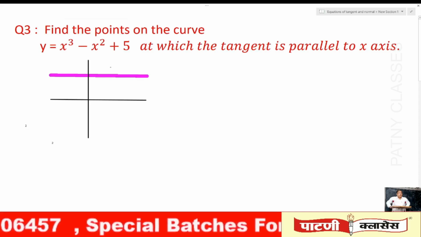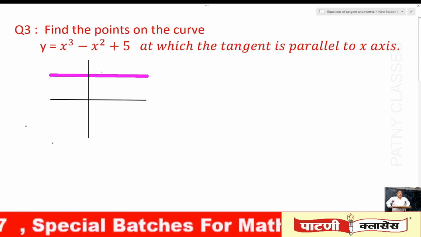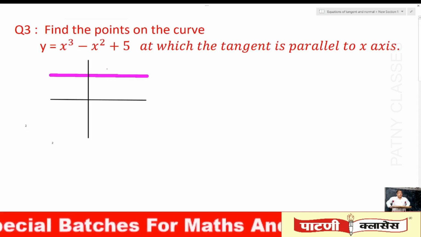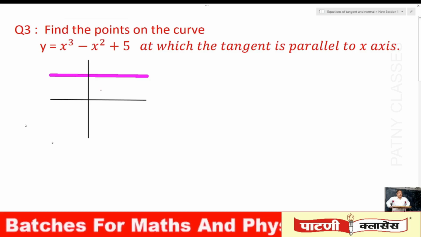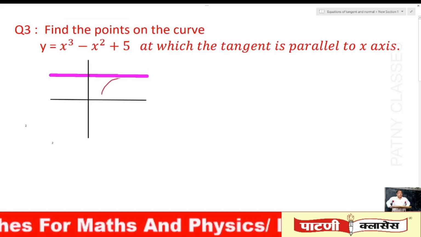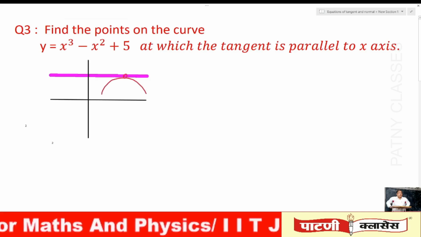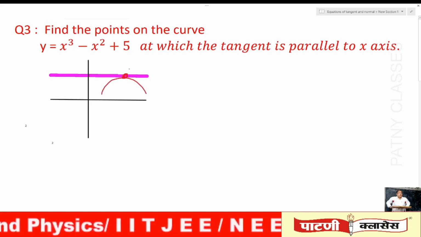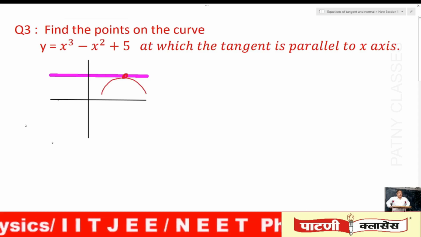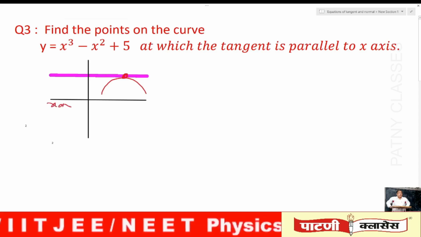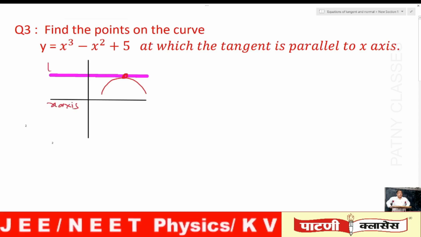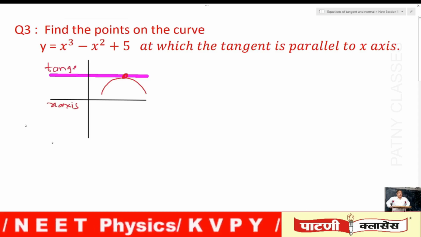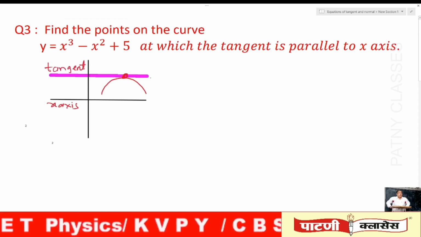In this question it is given that the tangent is parallel to the x-axis and we need to find the points on the curve. Suppose this is the curve, so this is the point, and the tangent is parallel to the x-axis. Suppose this is the x-axis and this is the tangent.